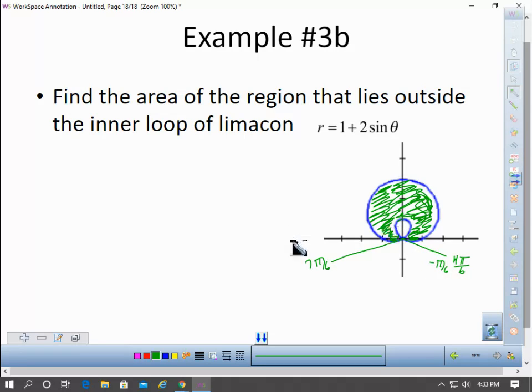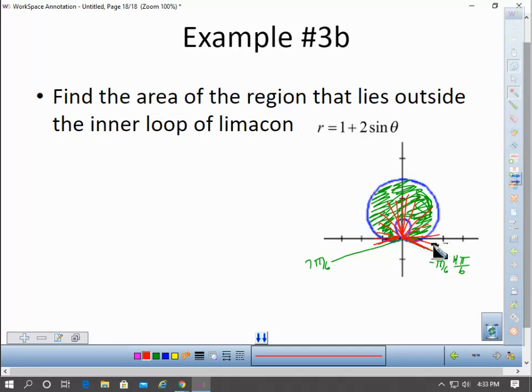Now you have to remember the way this happens is, think of this as a lighthouse again, with a light shining from the pole and out this way. If I start at negative pi over 6 and have this light shining out from here, notice it's covering up the loop.